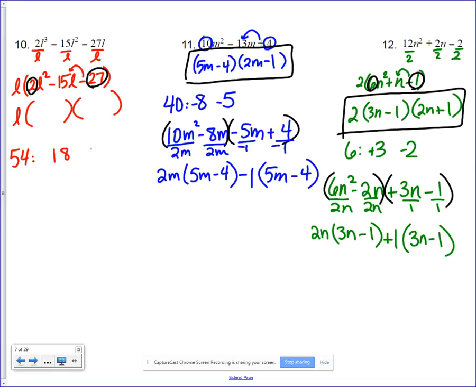Should my symbols be the same or different? Different, and the bigger one should be negative. So that means a minus 18 and a plus 3.